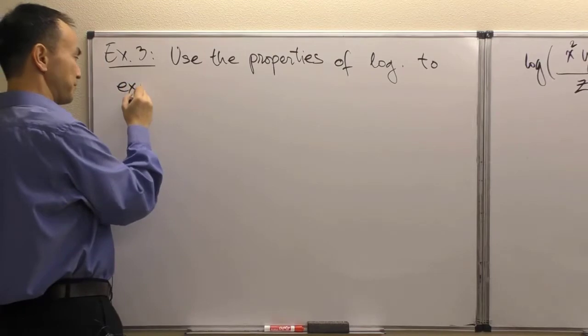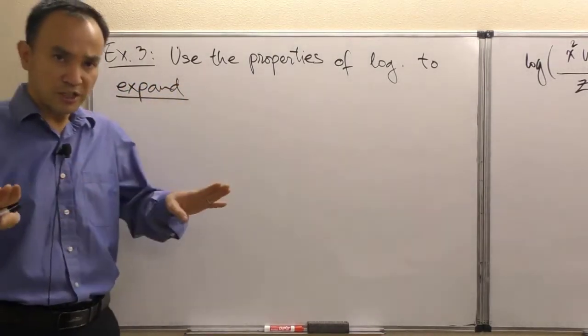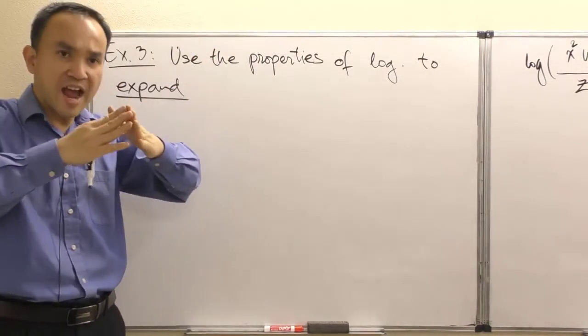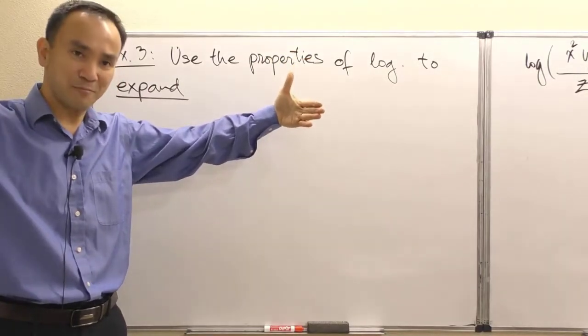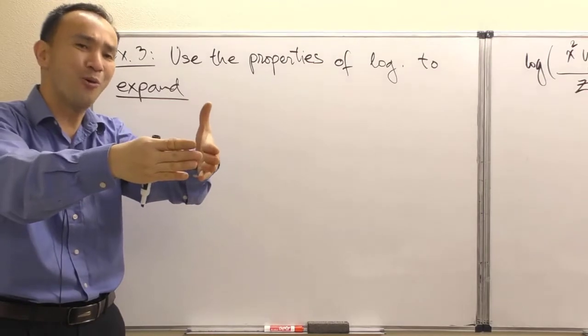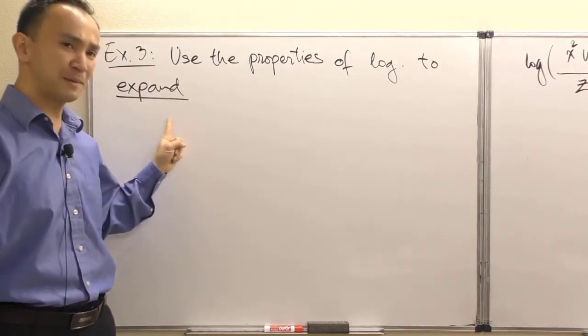So now this term, if it already caught your attention: earlier in example 1 and example 2, we had a very lengthy or expanded form of a problem, and we shrunk it down to only one single logarithm expression. But now we're expanding.